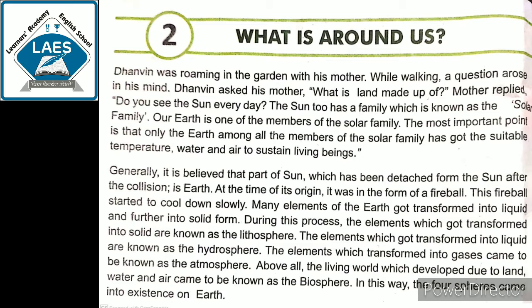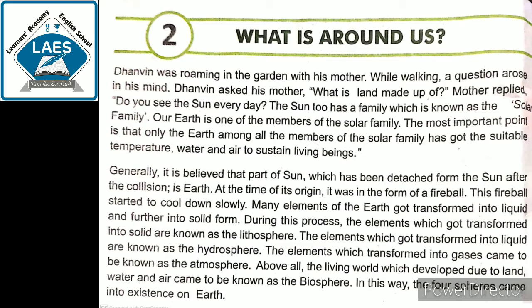The elements which were transformed into gases are known as atmosphere, or we can call it air. Above all, the living world developed on the land, water, and air, and that is known as biosphere. In this way, the four spheres came on the earth.